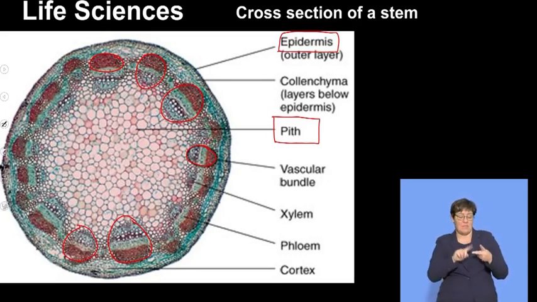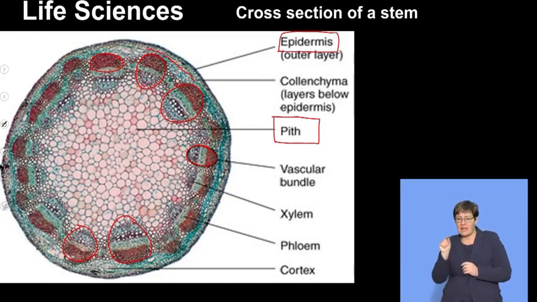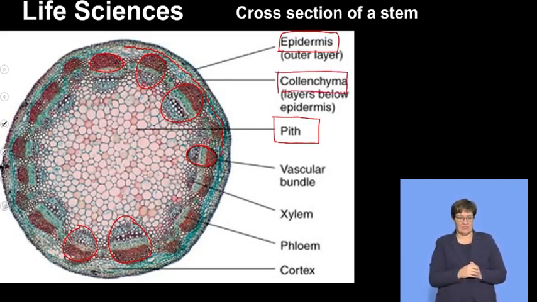Then, just underneath the epidermis, the cells there are quite dark, meaning the cells have got thick walls, and that is your collenchyma, and that makes sense because the collenchyma is there for support. So we have identified collenchyma.